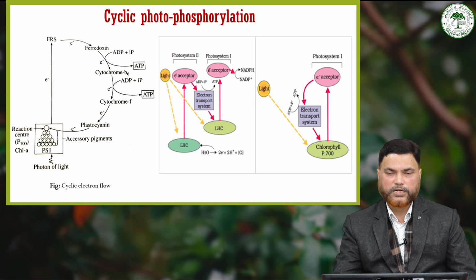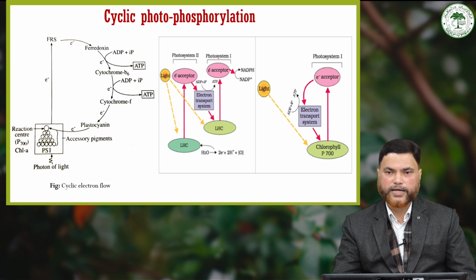After leaving PS1, these flowing electrons return to either the cytochrome complex or plastoquinone in the initial part of the electron transport chain. Subsequently, electrons flow down the chain to PS1 as usual, facilitating proton pumping and ATP production along the way.